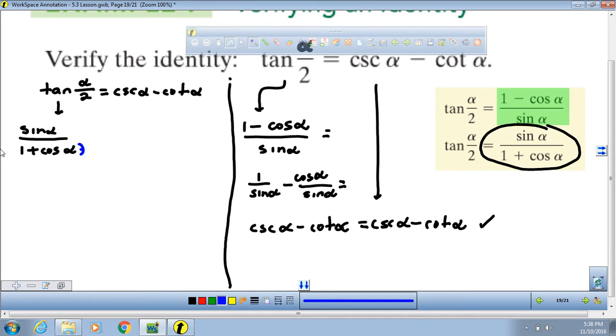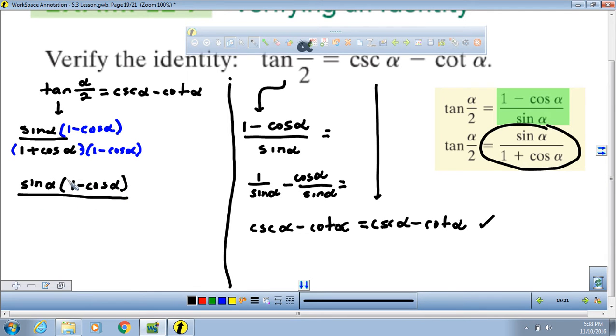The conjugate of this would be 1 minus cosine of alpha, but you have to do it also to the numerator. 1 minus cosine of alpha. If you do that, the numerator is going to become sine of alpha minus sine of alpha cosine of alpha. Or you know what? I am going to leave it factored because some things are going to cancel out at the end.